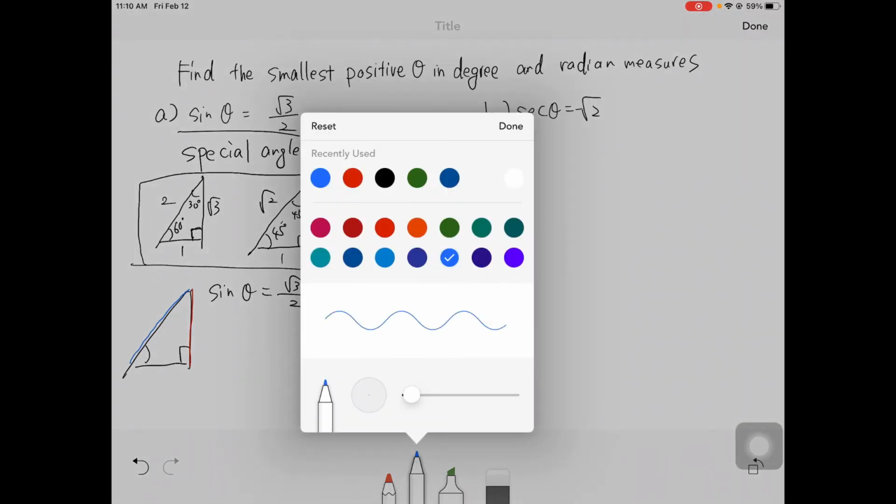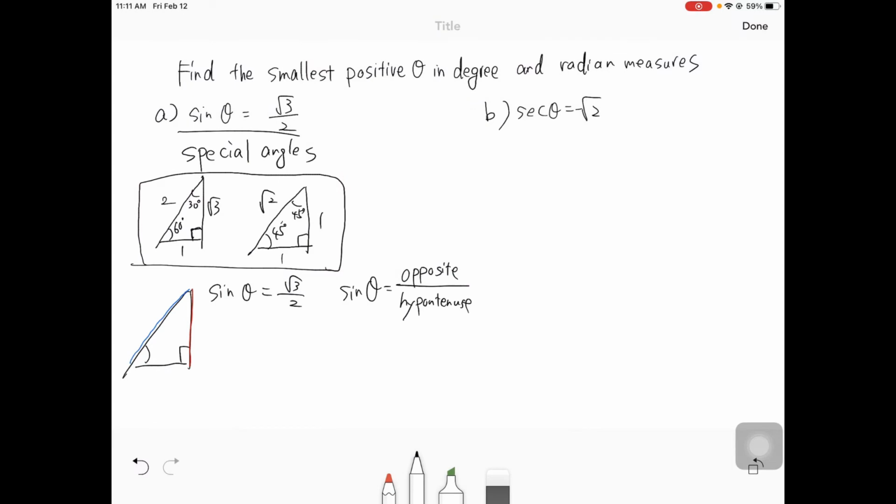Then this question says sine theta is square root of 3 over 2. So this means opposite is square root of 3 and hypotenuse is 2. Then sine theta is going to be square root of 3 over 2. Isn't it familiar to you? Yes, you've just seen it here.